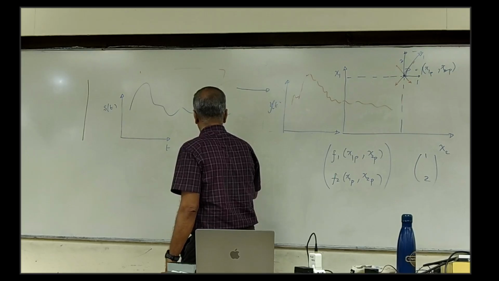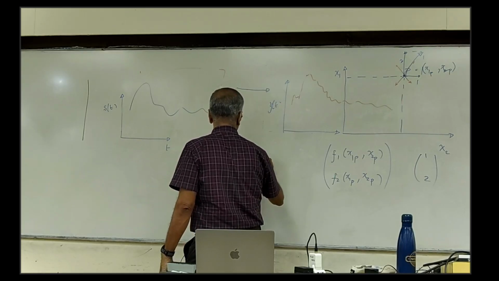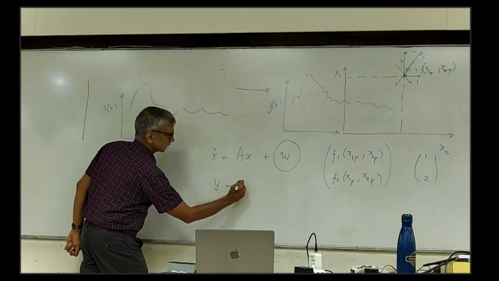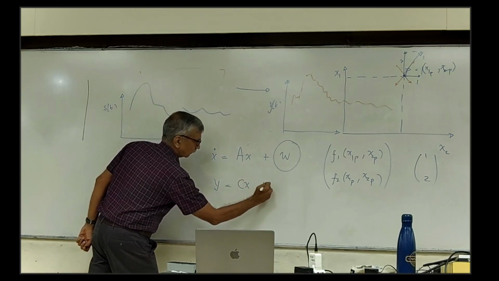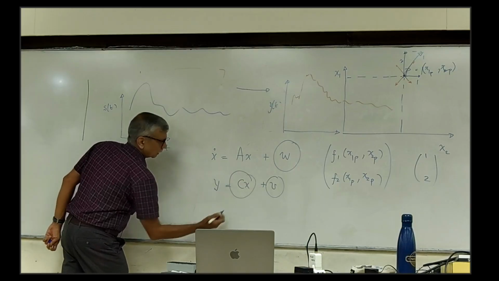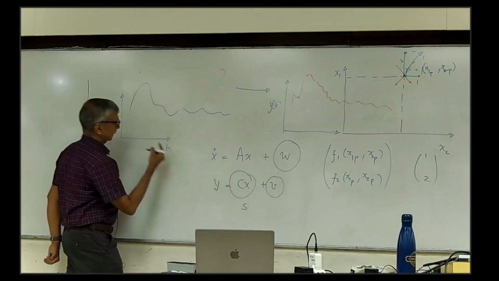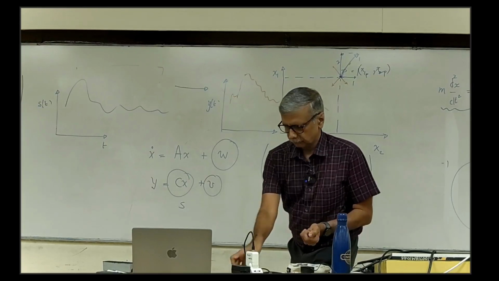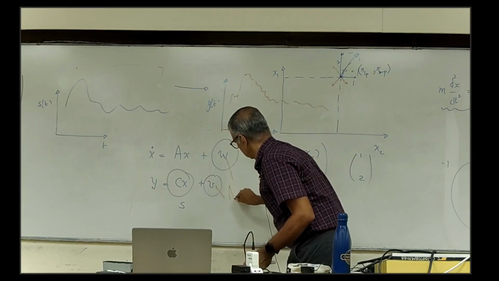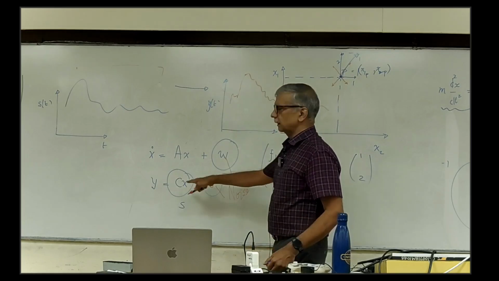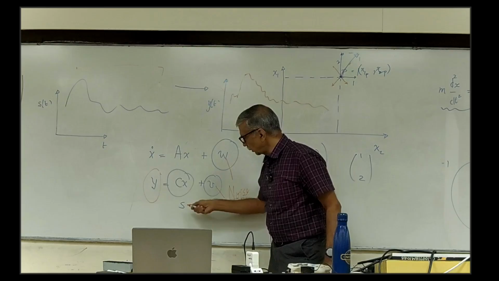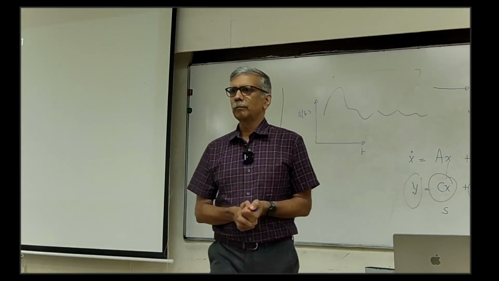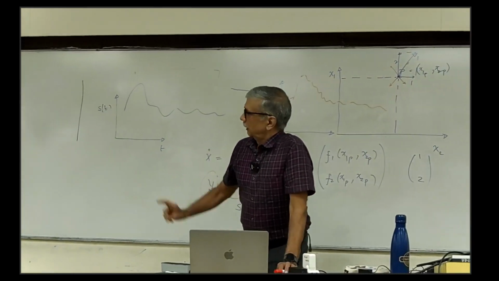So you could write a state space model like this with noise and a Y which was corrupted, but let's think of this as S. And from this type of a measurement, you want to find out not only S, you want to find what is X. So that was the problem which was posed and solved by Kalman.